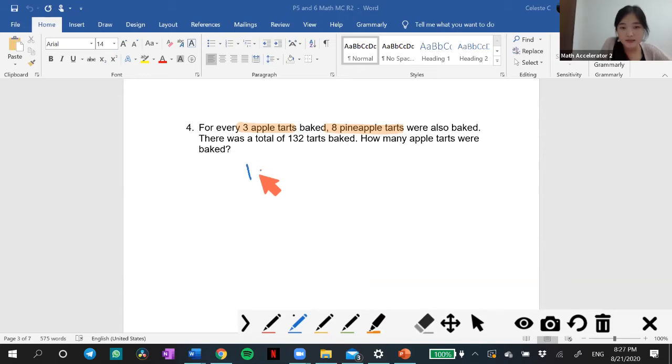So in one set, they immediately told you already, for every 3 apple tarts, so there are 3 apple tarts. You have 8 pineapple tarts. So what's the value of one set?